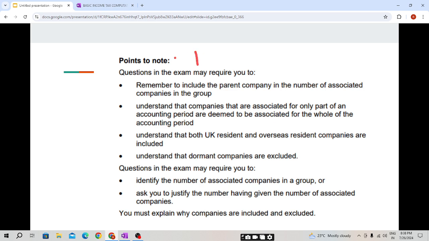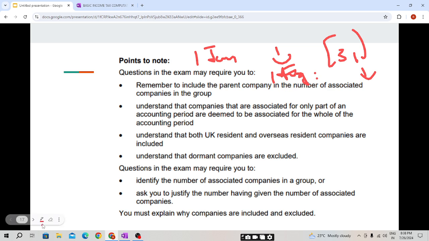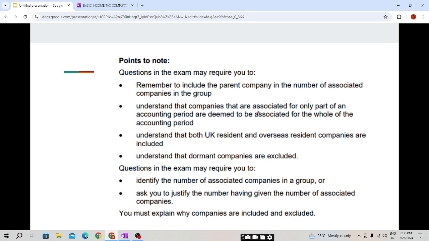If our 12 months are from 1st Jan to 31st December, and on 1st August we sold a company in which we had 70% holding, we will calculate the corporation tax liability at the end. At that time this will not be included, this will not be an associated company. But companies that are associated only for part of the accounting period are deemed to be associated for the whole of the accounting period.